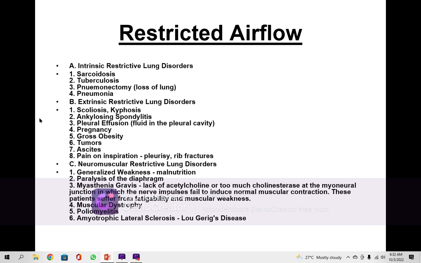Again, with restricted flow you have to do the pulmonary function test to assess that the patient is out of danger.